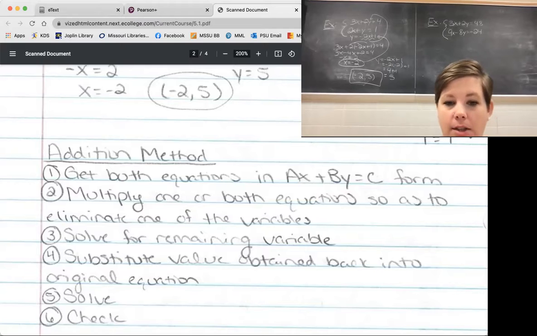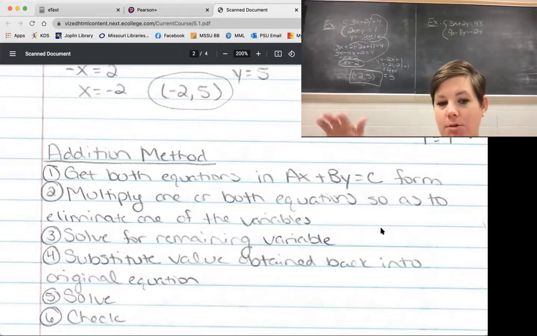So for the addition method, you have to get both of your equations in general form of ax plus by equals c. Then we are going to multiply one or both of the equations so as to eliminate one of the variables when we add them together. I'll show you what that means. We're going to solve for the remaining variable, then we back substitute.